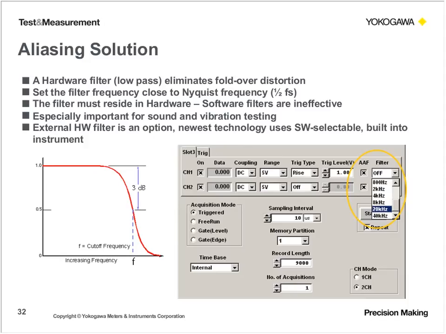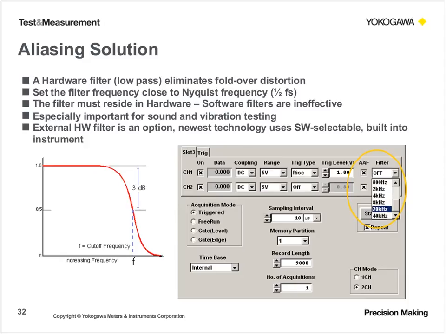You really need the anti-aliasing filter to preserve the phase characteristic of the signal. This hardware filter has to occur before the signal is digitized. Essentially what you're doing is restricting the bandwidth of the signal. You're applying an analog filter to the original signal, and that will give you the correct measurement at the right frequency.